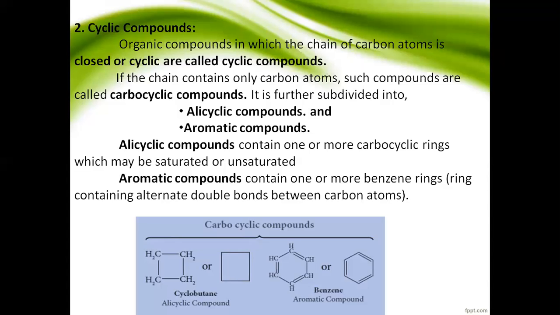In cyclic compounds there are two types, carbocyclic and heterocyclic. Carbocyclic is also further divided into two types, that is alicyclic and aromatic. So what is meant by carbocyclic?